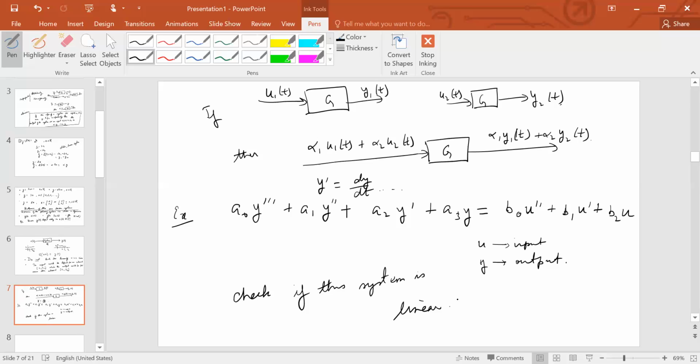Because if you are integrating, what does integration essentially mean? Integration means an area. So it means you are integrating over an interval of time, right? So the output at any instant is basically the aggregate effect of the area, the integration.